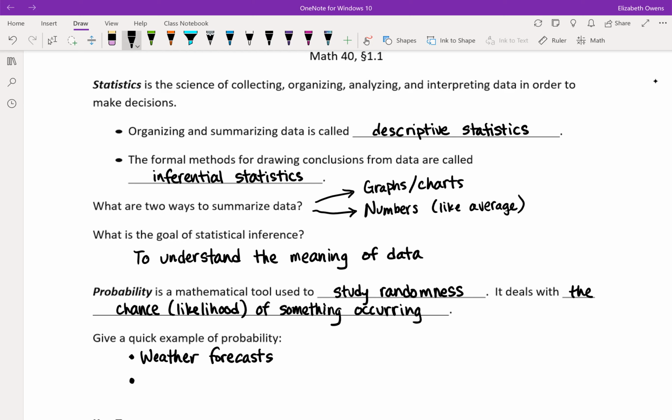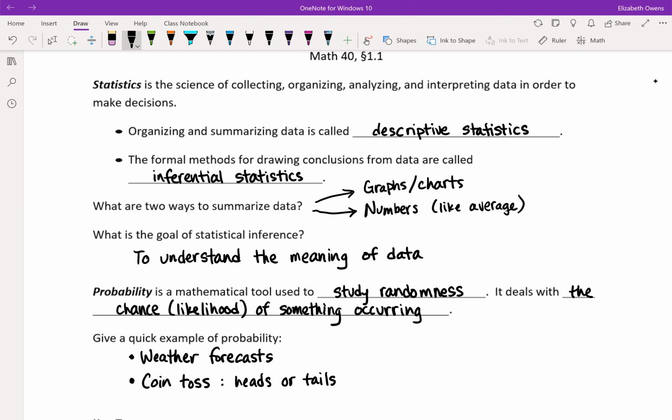We've also got another classic that pretty much all of us have done. Tossing a coin is a good example of probability, because with a coin toss, there's two ways it could go. It could land on heads or it could land on tails.